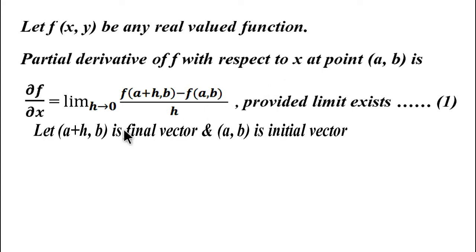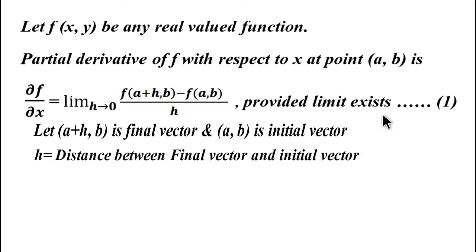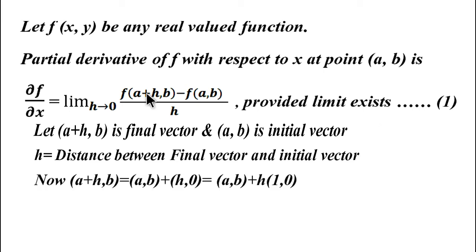Now, we will define (a + h, b) as the final vector and (a, b) as the initial vector, and h is the distance between the initial and final vector. This is the final vector. We can write it as (a, b) plus (h, 0). Taking h common from this vector, we have h(1, 0).